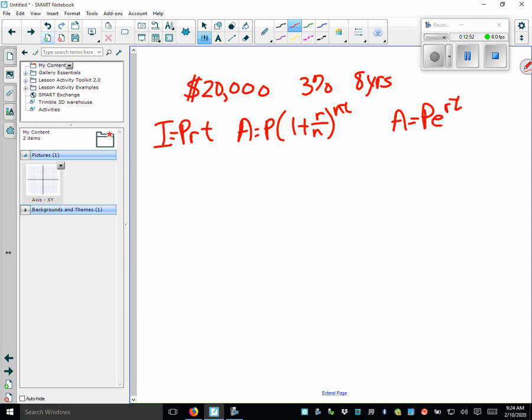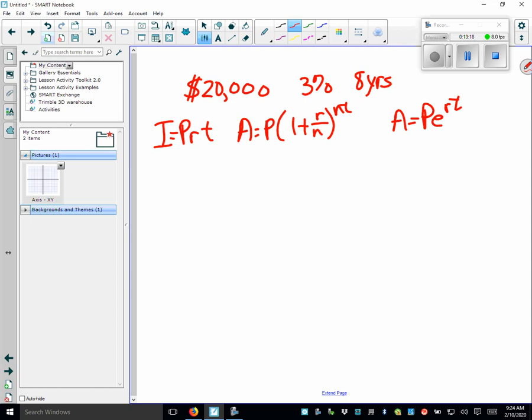Those are written just like that on the test. You know, R is interest rate, T is time, and what is N? The number of times per year it's compounding, right? So, how much simple interest will I earn?